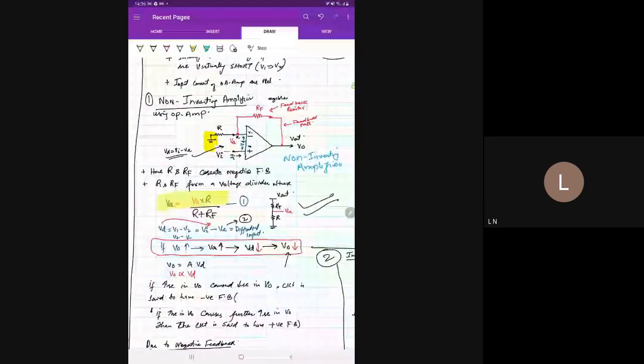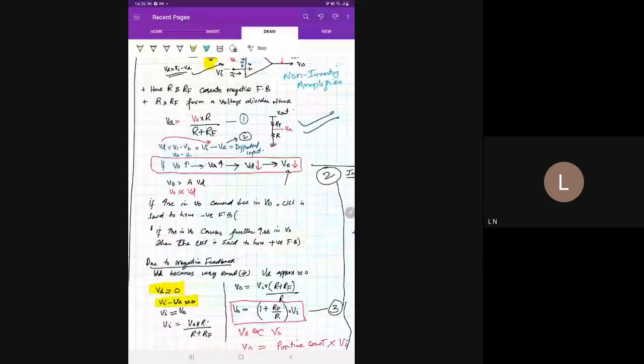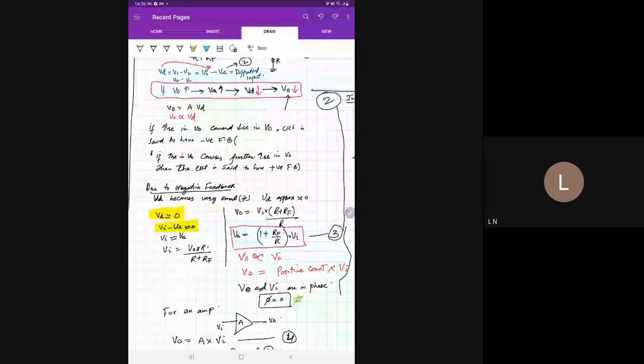Va is the output of the voltage divider network, and it is equal to V naught into R divided by R plus Rf. Since V input is equal to Va, we can say that V input is equal to V naught into R divided by R plus Rf.